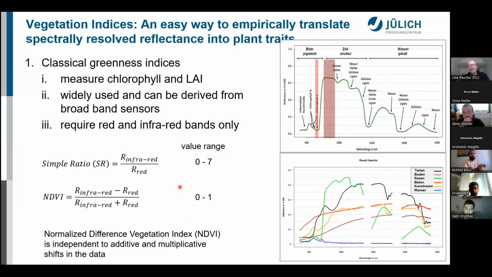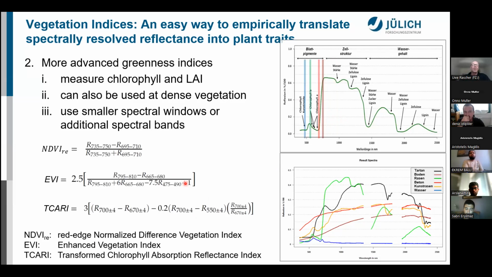This has the big advantage that you get a value between 0 and 1, and this 0 to 1 value can be related to the chlorophyll content, or if you use it on top of the canopy, the total amount of chlorophyll, which is often then related to the LAI, or leaf area index, multiplied by the chlorophyll content.